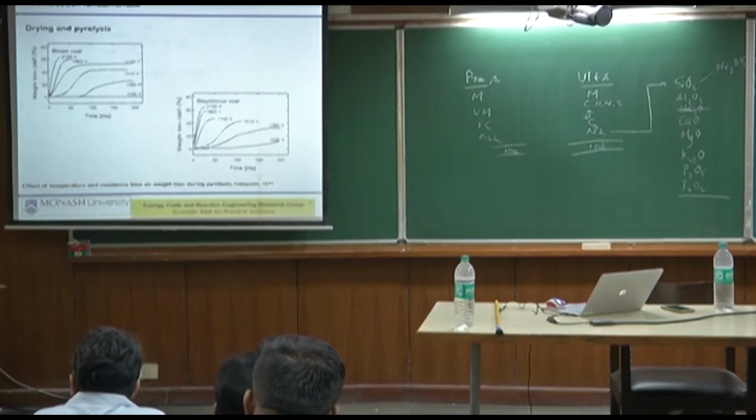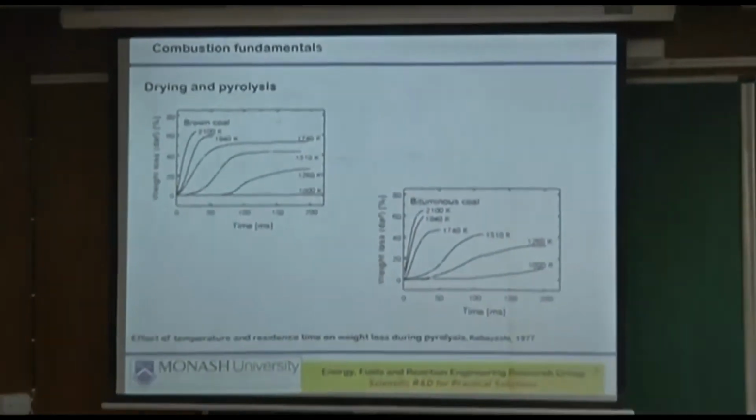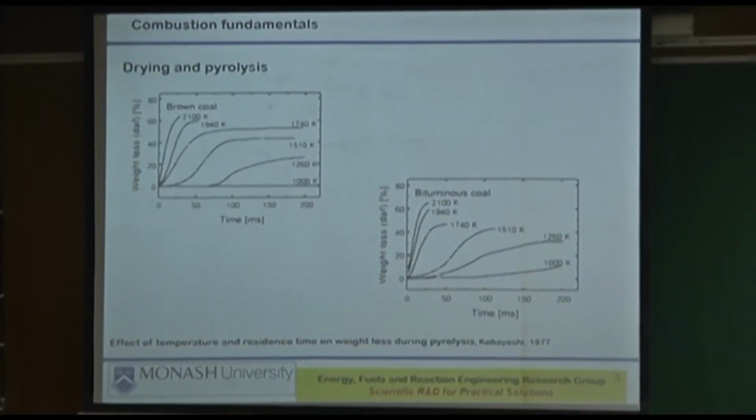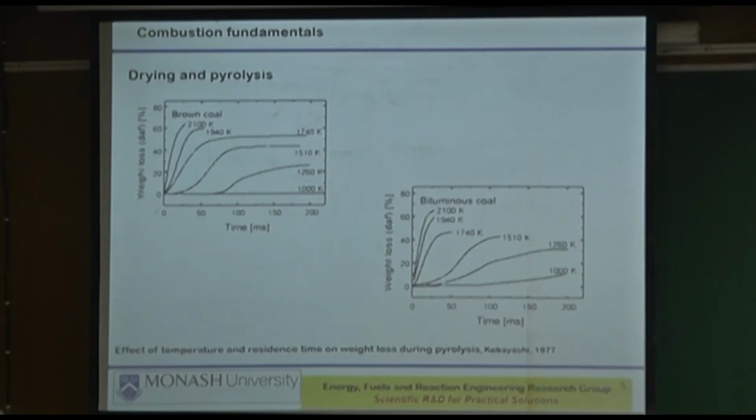That means its reactivity, how mature it is or how aged it is. It gives a reasonable indication of how long the drying and pyrolysis will take, how long the char combustion will take, depending on whether the coal is this type or that type, and particle size is PF size anyway, 10 to 100 micron.